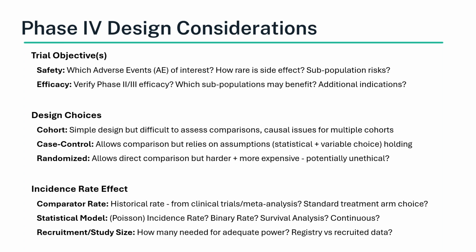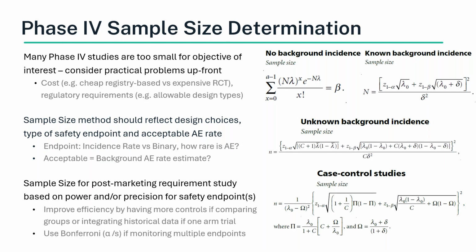And then, of course, and I'll talk about it in the context of nQuery, how do I ensure that the study is appropriately sized, and the database is big enough, if you're using existing retrospective data, to be powered to test the hypothesis of interest? If it's registry data or recruited data, that has a big effect on what size of study I can look at. So if we're thinking about sample size determination, do think of the objective of interest.